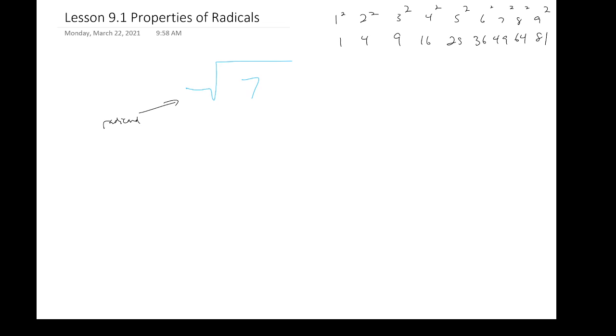The default is that this little shelf is a 2 when nothing is written here. So this is a square root, okay? But a radicand could also potentially have what's called a cube root, which means that if we were taking it to the third power, the inverse operation would be the cube root.